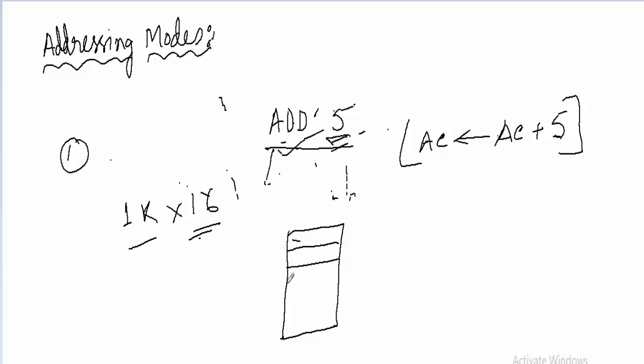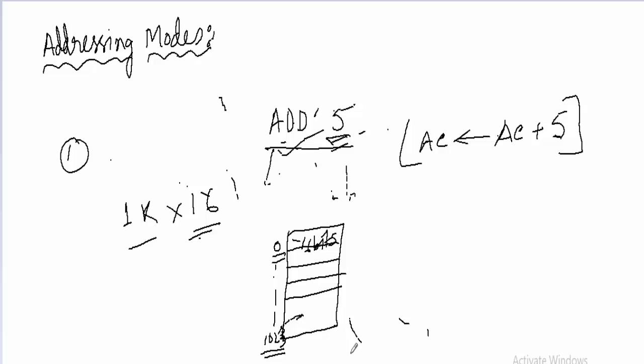We have 1024 locations from 0 to the last, which is 1023, and each location size is 16 bits, and we give each 16 bits one address. So we need 1024 addresses for this memory.